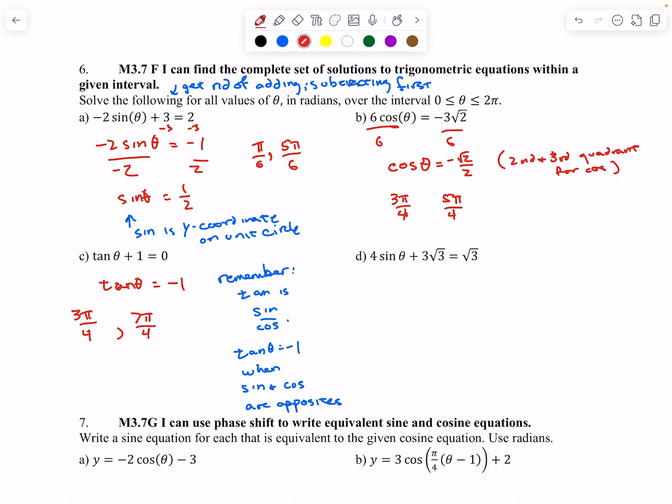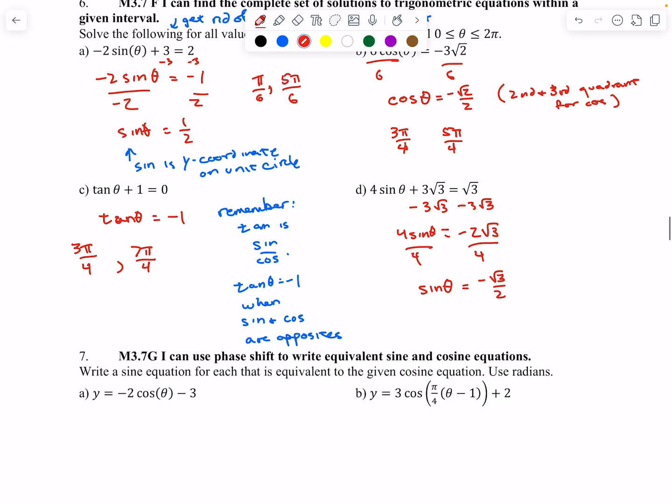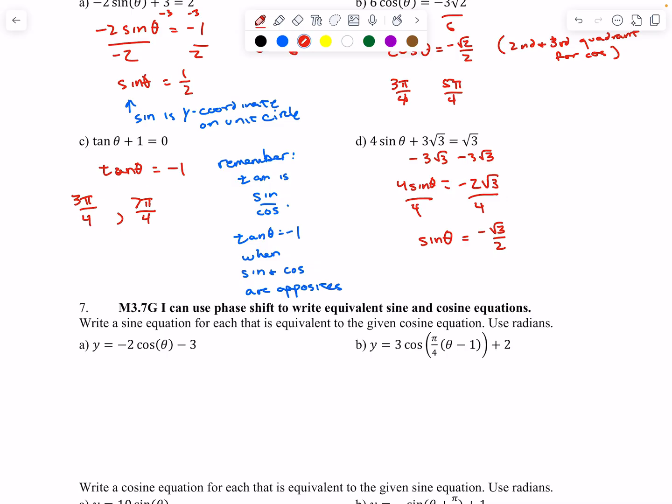Next, subtract off 3√3. A banana minus 3 bananas is -2 bananas. Don't we love that? Divide both sides by 4. Sine of pi over 6 is 1/2. Sine of pi over 3 is √3/2.